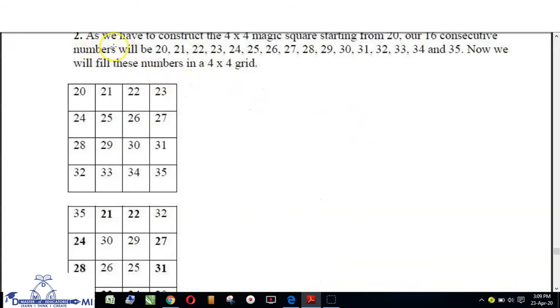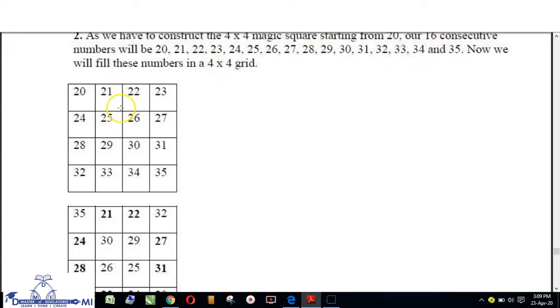As we have to construct the 4 cross 4 magic square starting from 20, our 16 consecutive numbers will be 20, 21, 22, 23, 24, 25, 26, 27, 28, 29, 30, 31, 32, 33, 34 and 35.